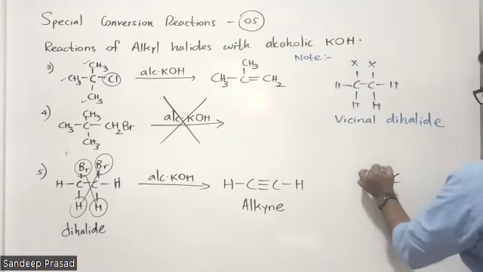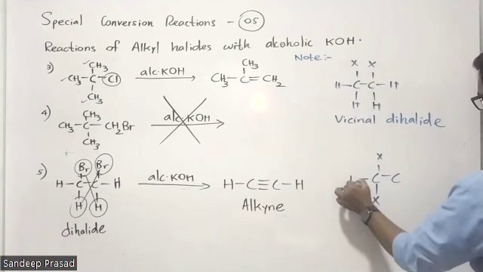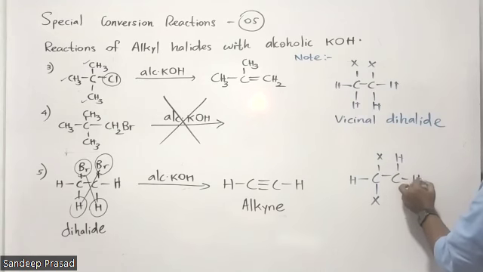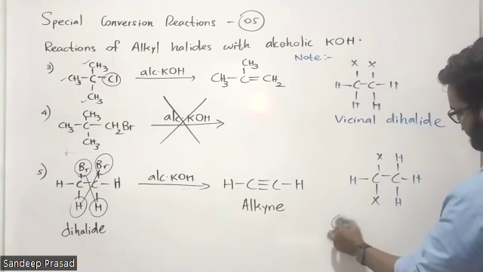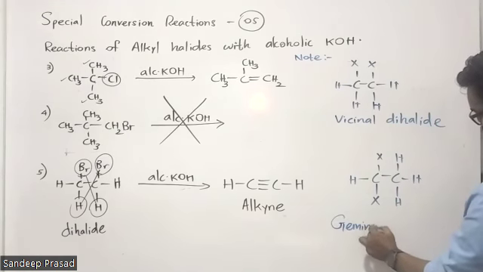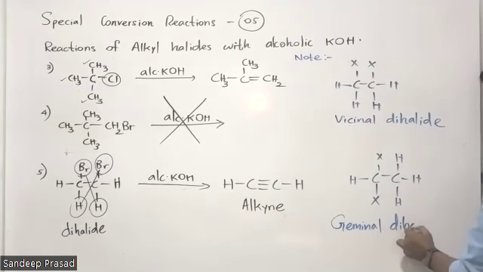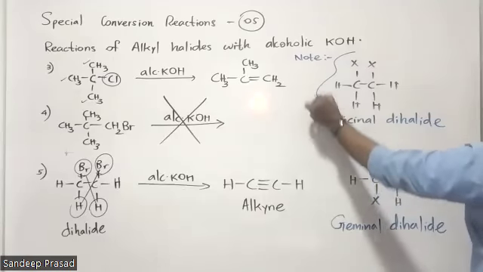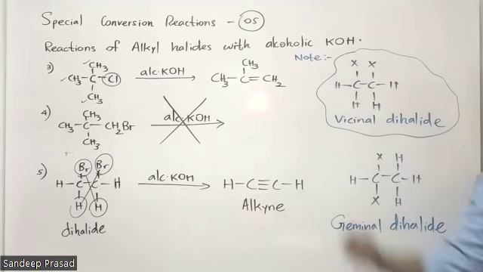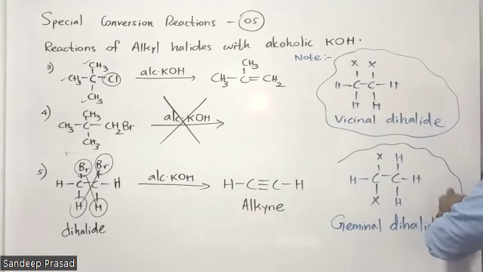And when the halogen atoms are connected to the same carbon atom, when the two halogens are connected to the same carbon, we consider that is geminal dihalide. These are some famous names we are using. Okay? Vicinal dihalide, which means two different carbons connected to two halogen atoms.